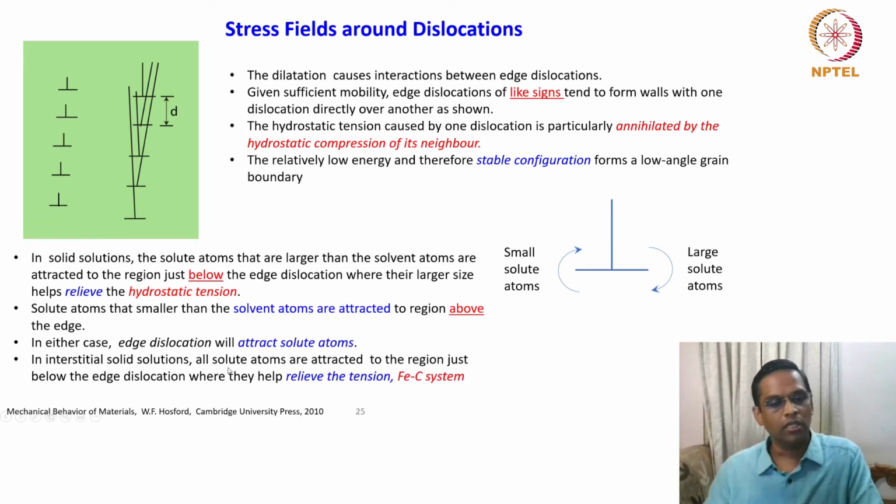In interstitial solid solutions, all solute atoms are attracted to the region just below the edge dislocation, where they help relieve the tension. For example, the classical example is the iron carbon system, where carbon forms an interstitial solid solution. So carbon is an interstitial there, and it goes and gets settled here.